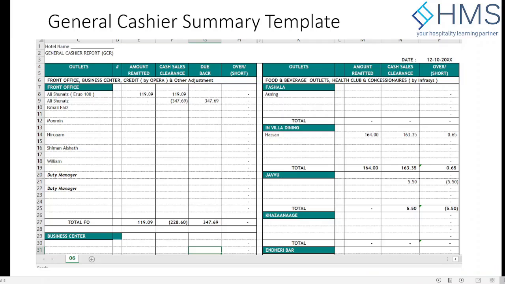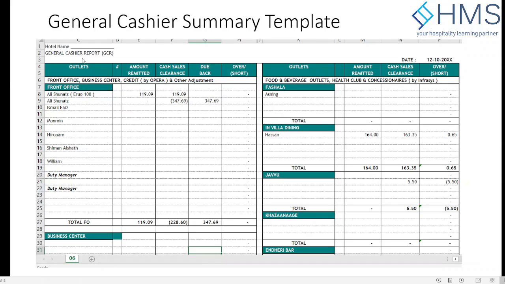So it's a general cashier summary template, just a simple template that we follow in our hotel. That's how you create a general cashier report.